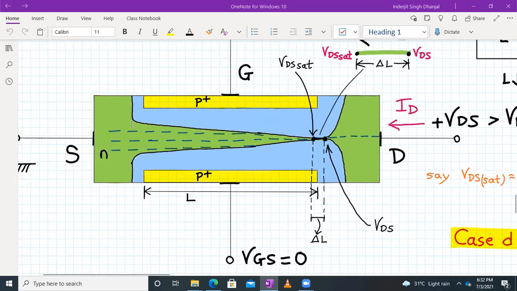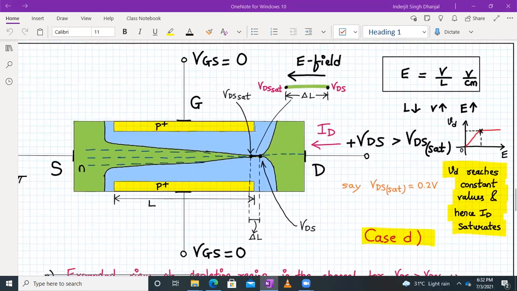So because the electric field has reached a critical value and the drift velocity of the carriers has reached a constant value, the carriers flowing from the source region towards the drain region, under the influence of a very powerful electric field, will have their average velocity reach a constant value. Hence the current in this condition will remain constant and will be independent of VDS.